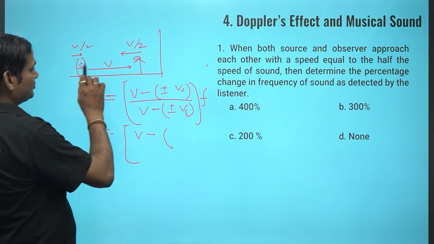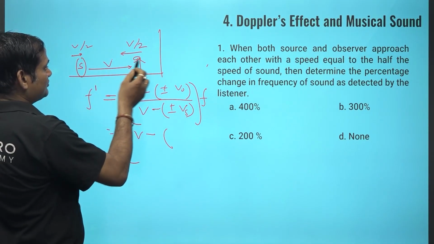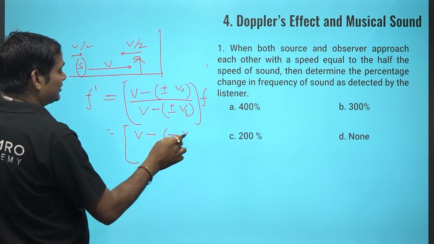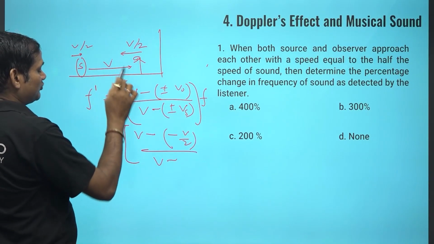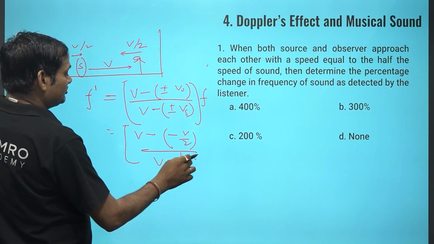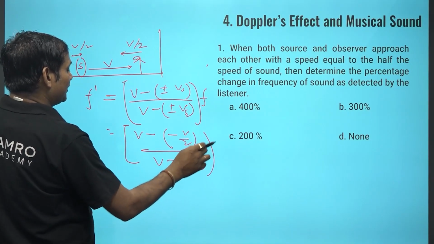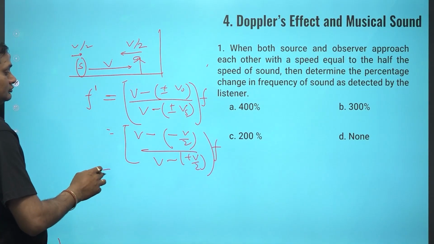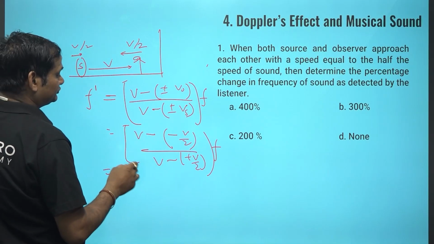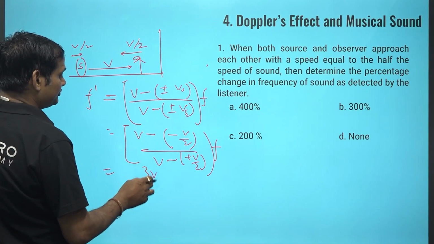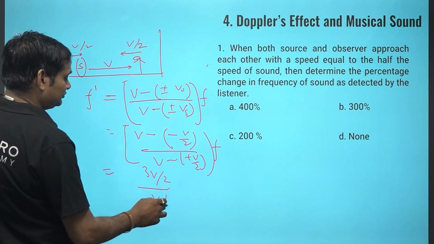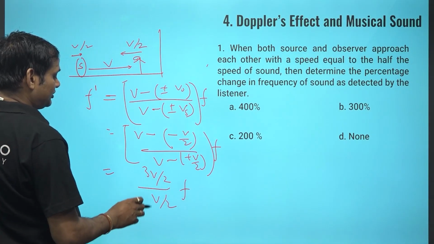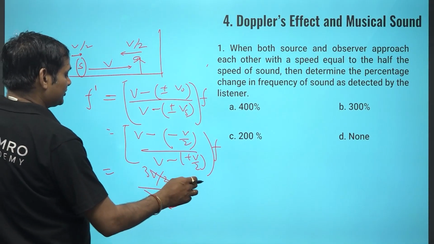So inside we take minus v by 2, divided by v minus the source moving in the same direction, that is plus v by 2, into f. Now this becomes 3v by 2 divided by v by 2 into f. The v by 2 cancels and we get 3f.